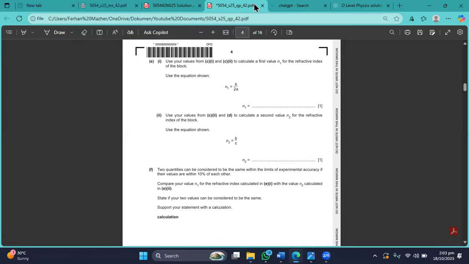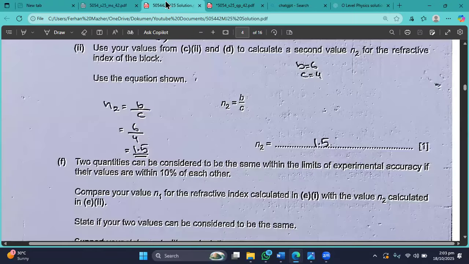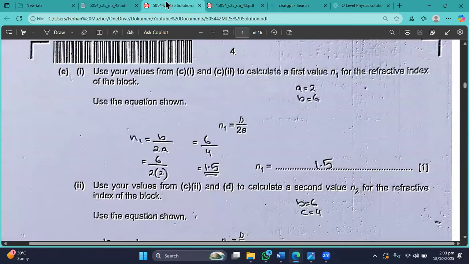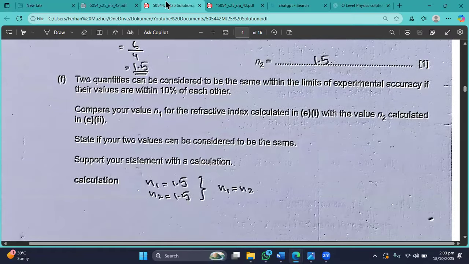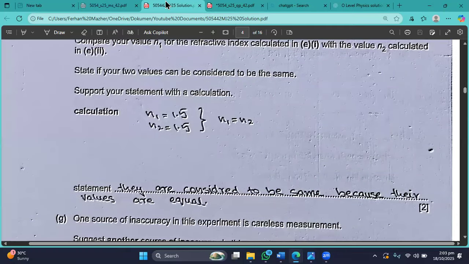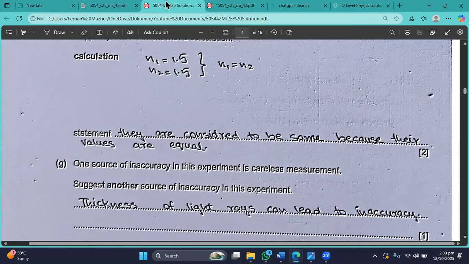Support your statement with the calculation. So you see the N1 value I just calculated is 1.5, and the N2 value is also 1.5. N1 is exactly equal to N2. There is no difference between them. So they are considered to be the same because their values are equal to each other.